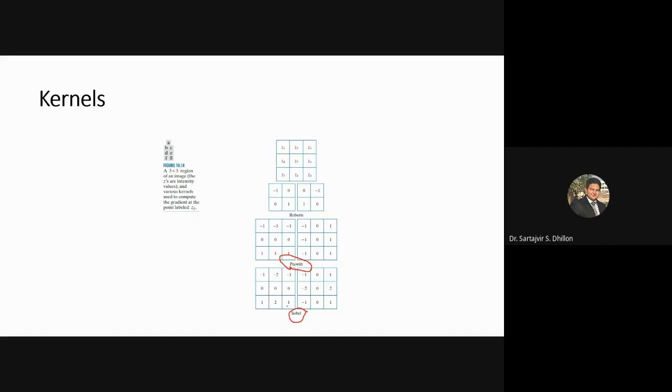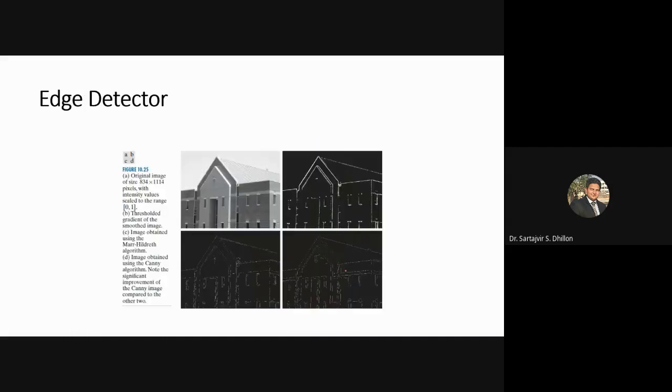Here this is the horizontal Sobel mask, and this one is the vertical Sobel mask. These masks are applied on the images, and these are some examples of the output images.